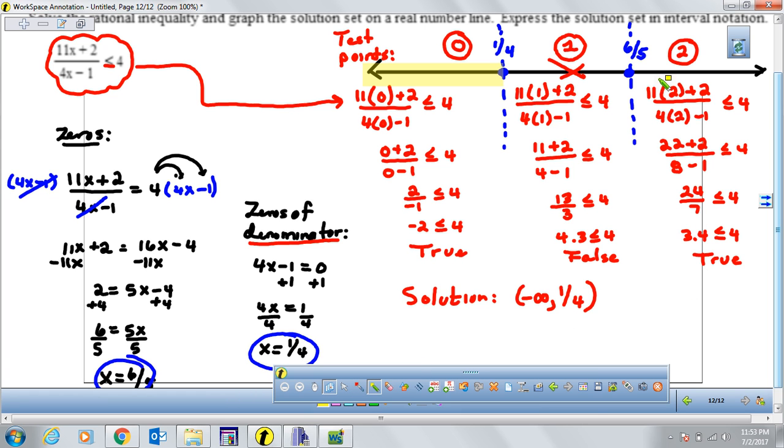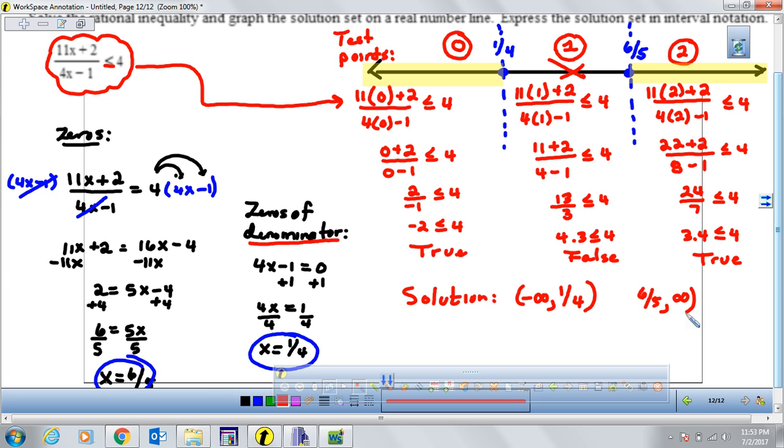Since that one makes it true, that means that any number from 6/5 to infinity is also a solution because it is going to make the original inequality true. And right here, the 6/5 is going to be included with the square bracket because 6/5 makes this fraction equal to 4, and the equal sign is being included.